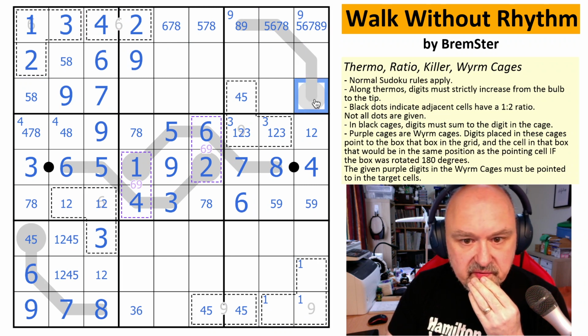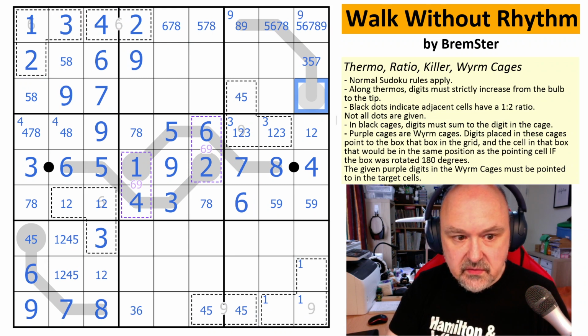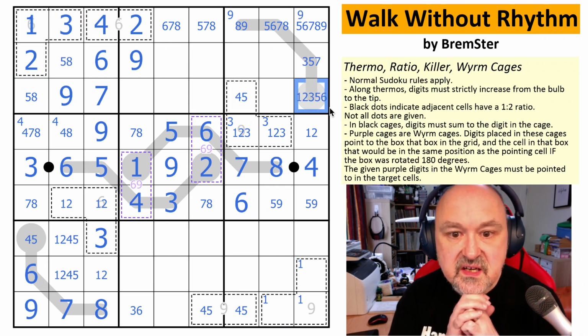So this could be anything as low as a 7, which is not great. 7, 5, can't be 4, 3, it can't be 2. So it's 3, 5, 7. So this can be 1, 2, 3, 5, and 6.